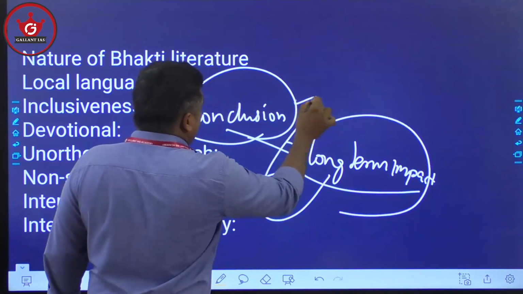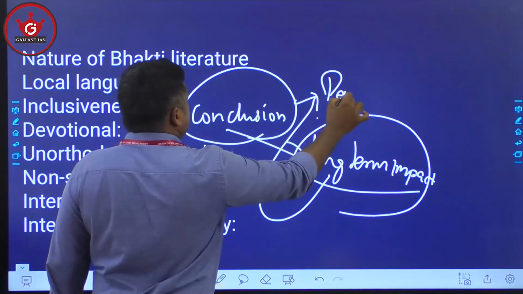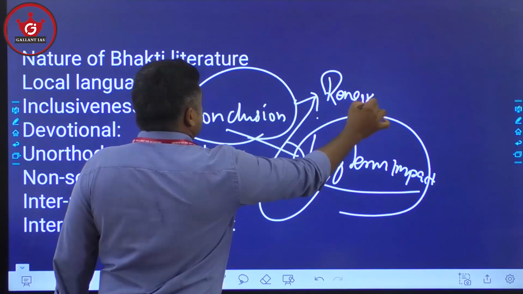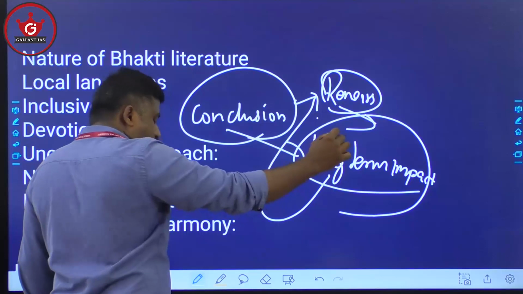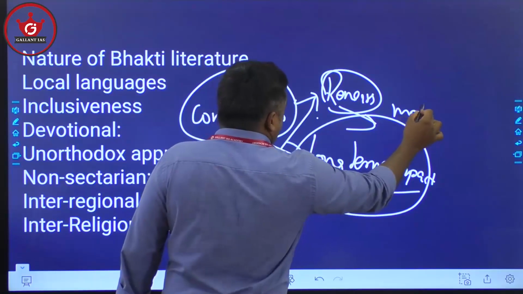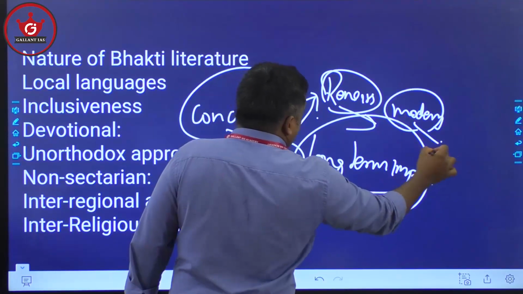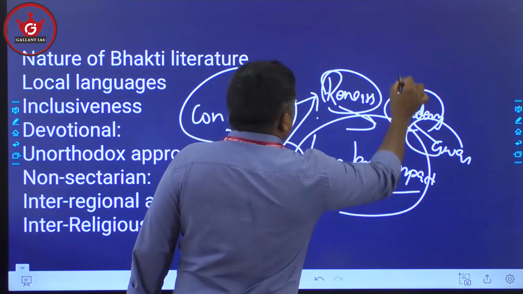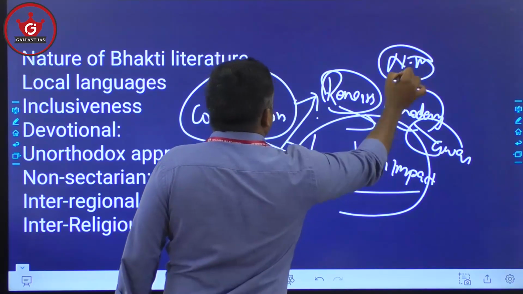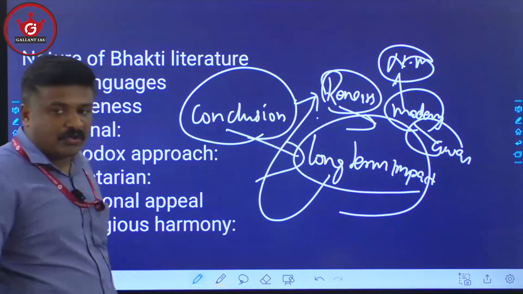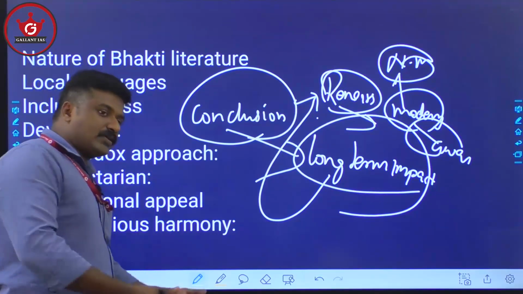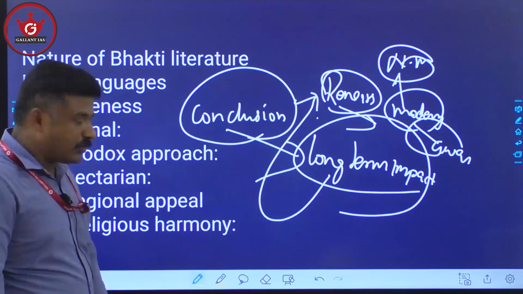For example, how it contributed to the renaissance of medieval India, or how it contributed to modern India's awakening, especially the national movement, etc. What spirit is drawn from this particular Bhakti movement, those things can be brought into the conclusion.